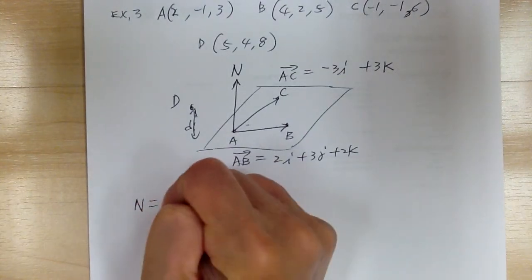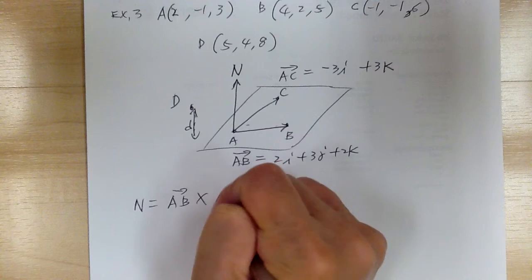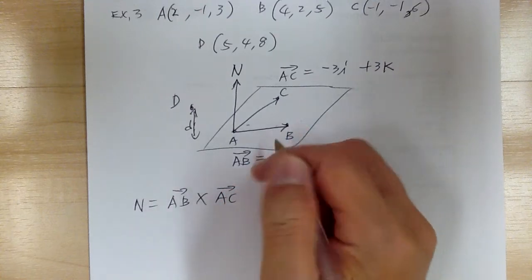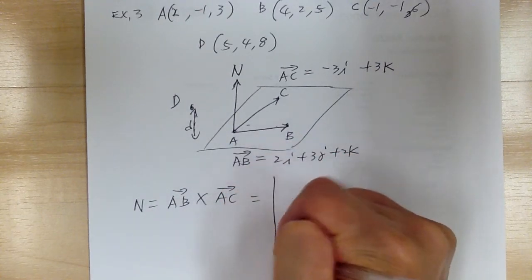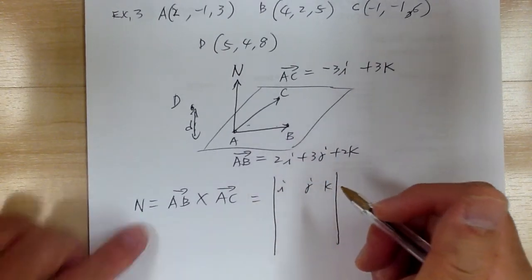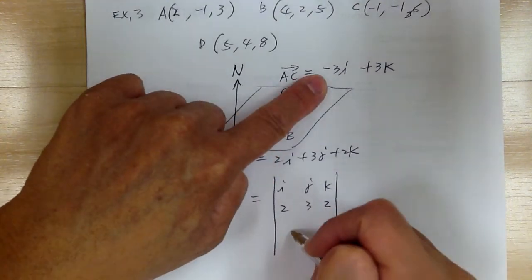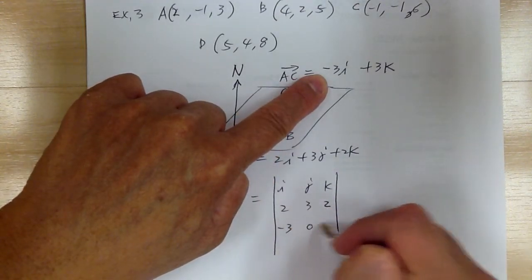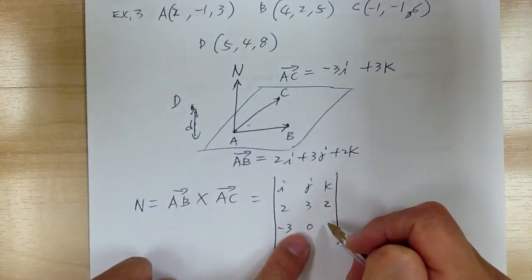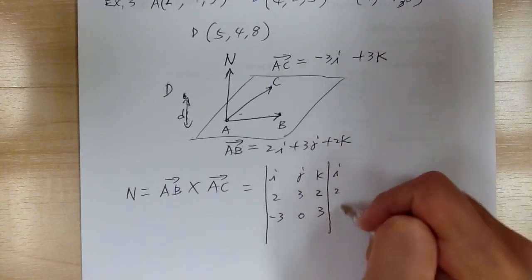So the normal is equal to AB cross AC. And so this is going to be equal to i, j, k, and the AB is going to be 2, 3, 2, and AC is negative 3, 0, right? That's not j, so it's 0, and 3. Again, you copy the two more columns.